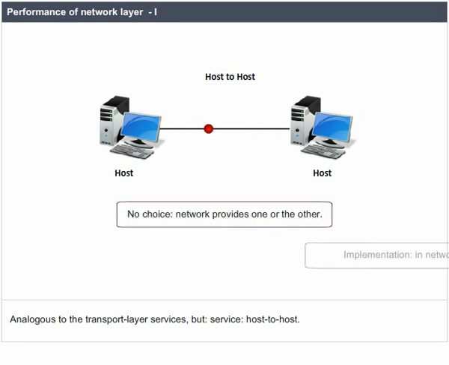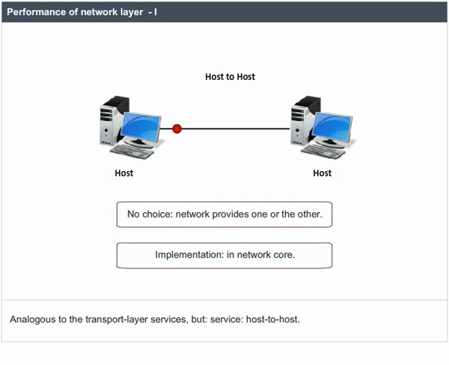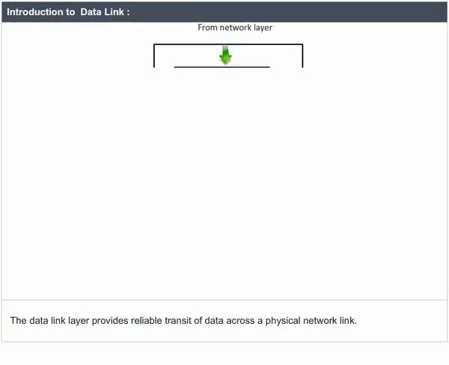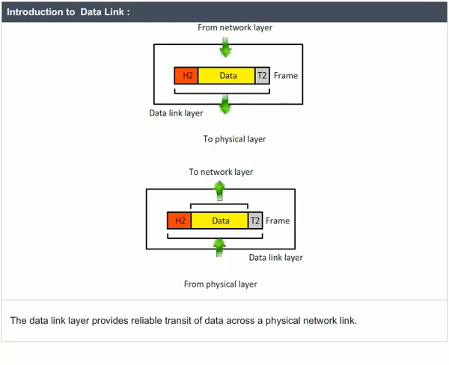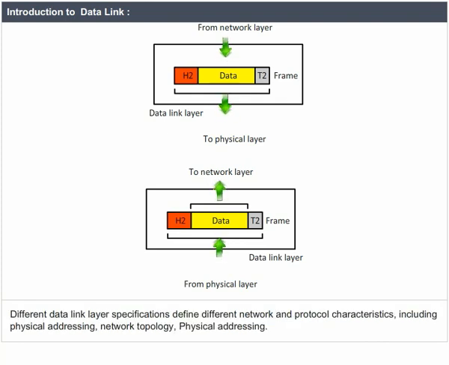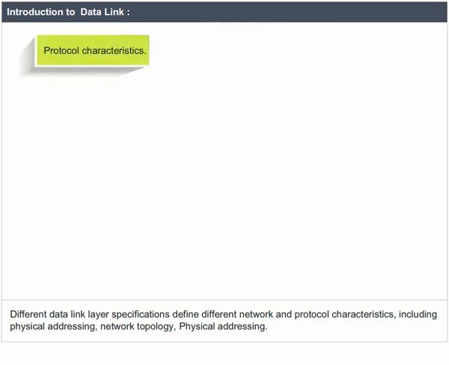Implementation in network code. Introduction to data link. The data link layer provides reliable transit of data across a physical network link. Different data link layer specifications define different network and protocol characteristics, including physical addressing and network topology.